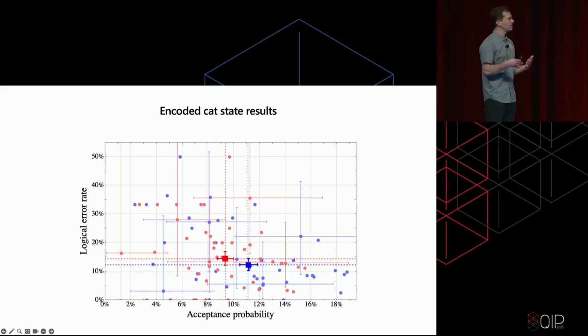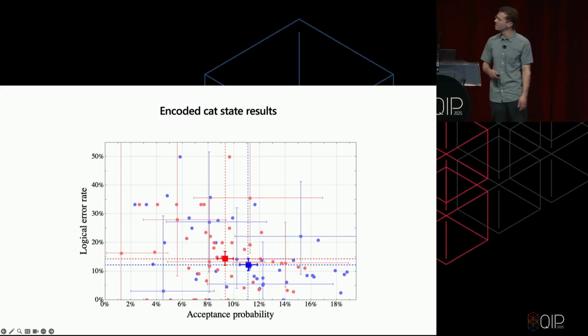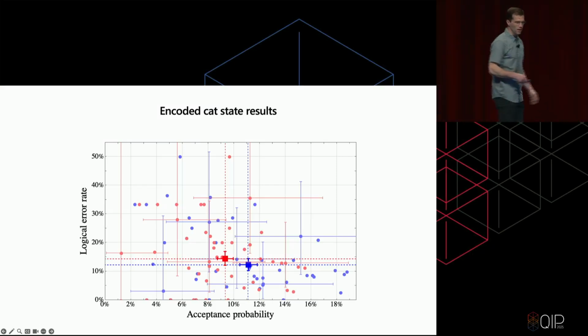But even still, it looks like sometimes the machine might have lower error rates than other times, because when the acceptance probability is high, like 18%, the error rate is lower. It's not proof or anything, but to me that's suggestive, this kind of correlation. And of course, we'd like it if all the time the machine were acting at the optimum parameters.